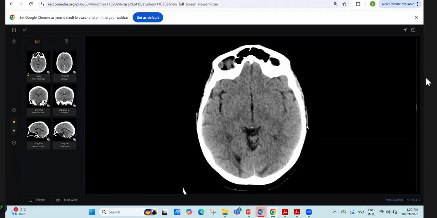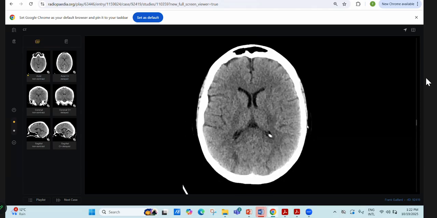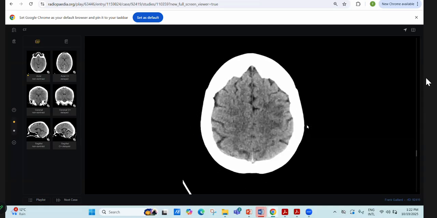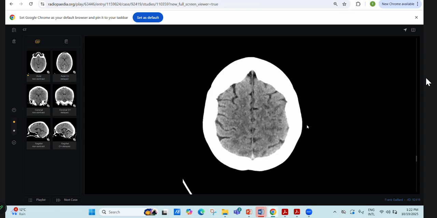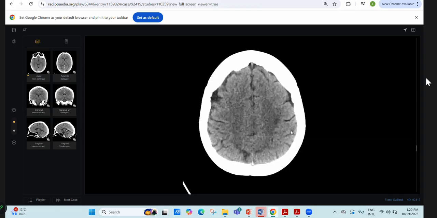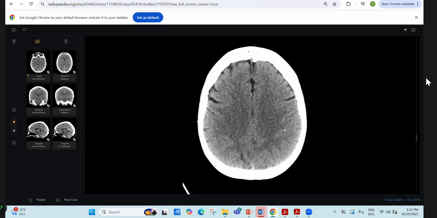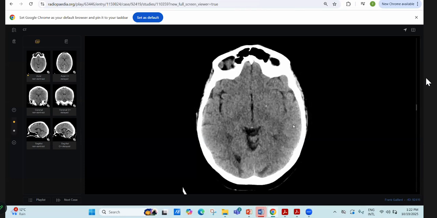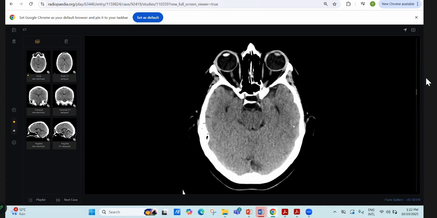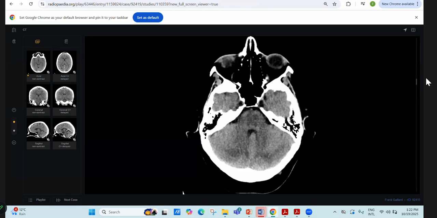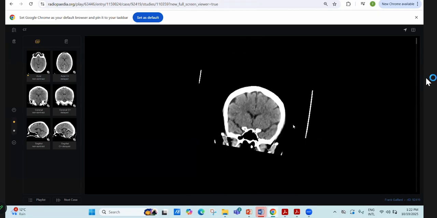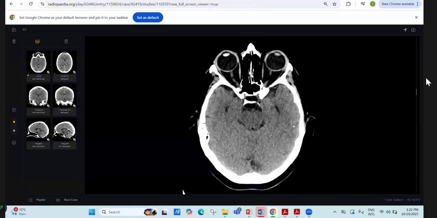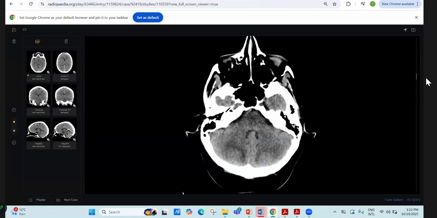Can I know the history and age of this patient? The patient is in their 50s and presented with on and off confusion symptoms. There is a vaguely defined hypodensity in left top parietal white matter. In these images, I cannot see any other abnormality. Can I see contrast images to evaluate further? Yes, please.